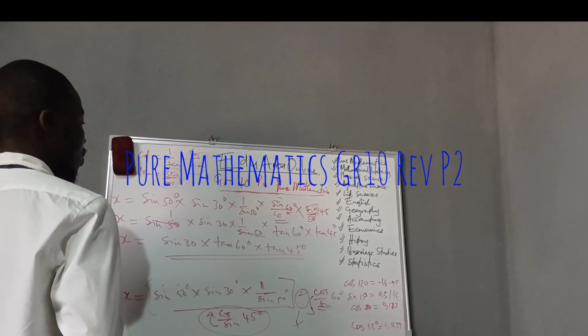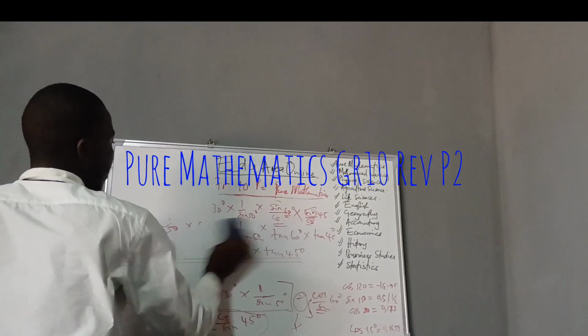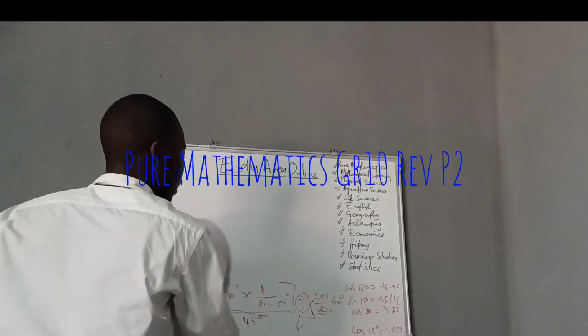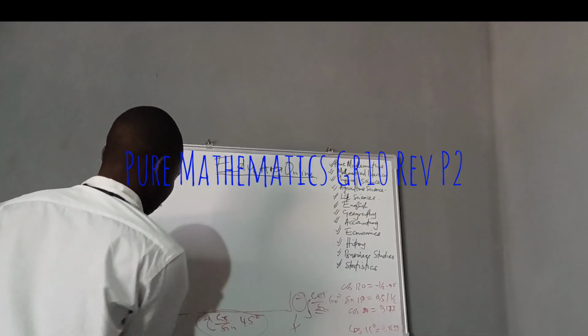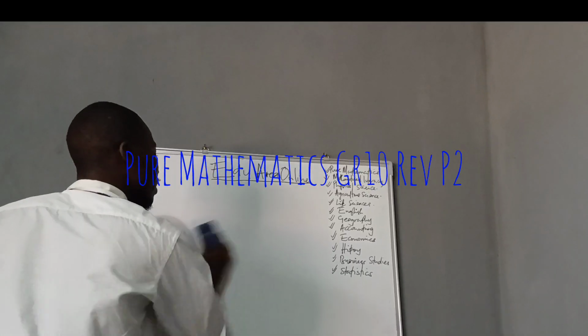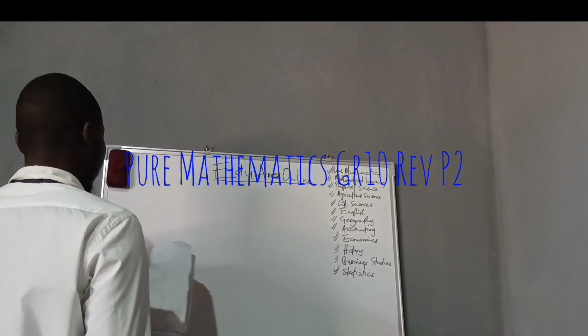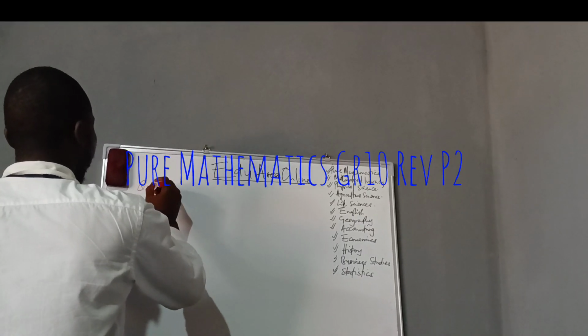Because we wanted to make x the subject of the formula, we wanted to find the value of x. So let's quickly rush to the other question. What was it saying? So the other question was question 3.